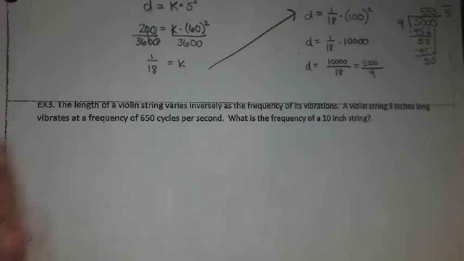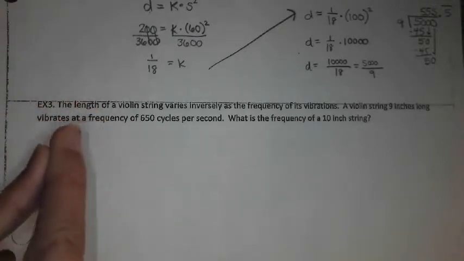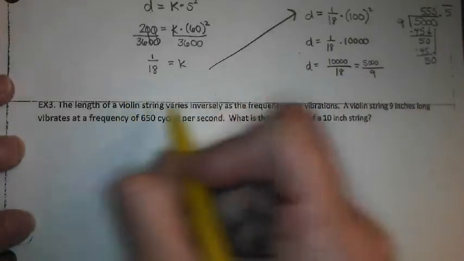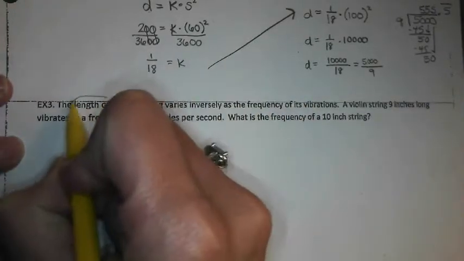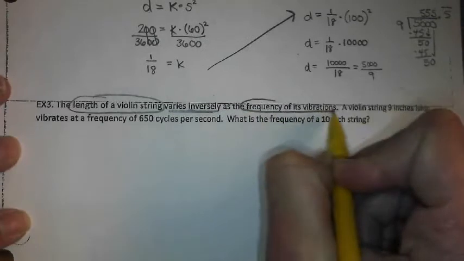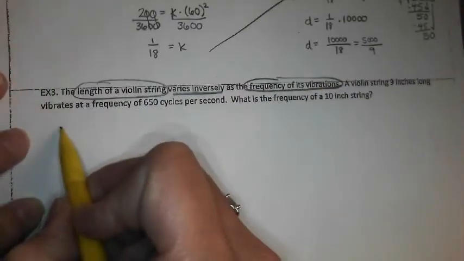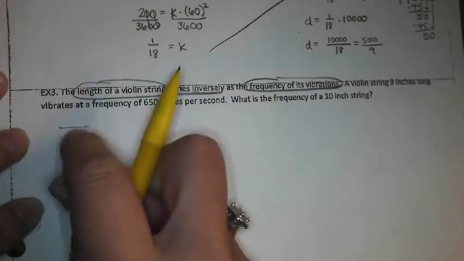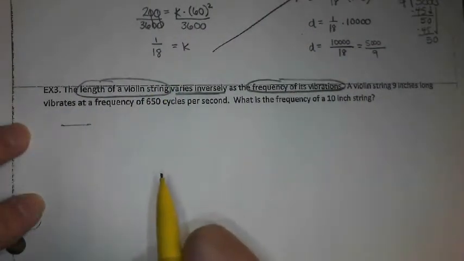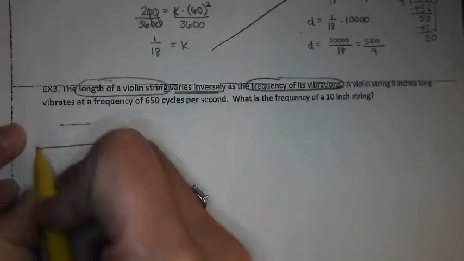So in this one, the length of a violin string, and I guess I would talk to the musical people in the bunch, varies inversely as the frequency of its vibration. So if you have a short string, like on a guitar, and you pluck it, what's the frequency? Higher or lower than a longer string?